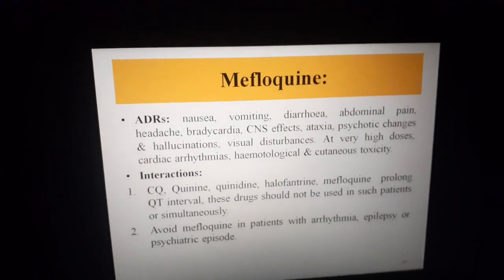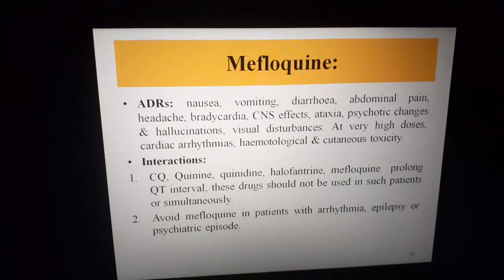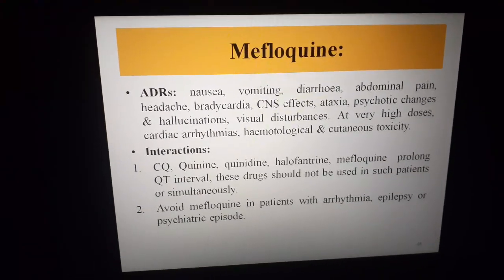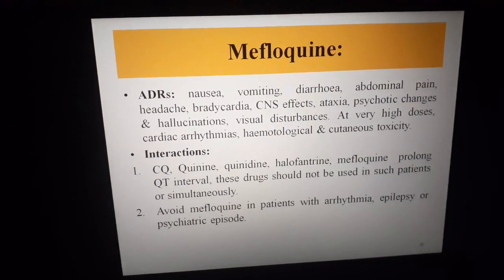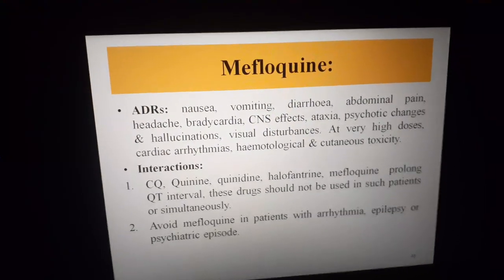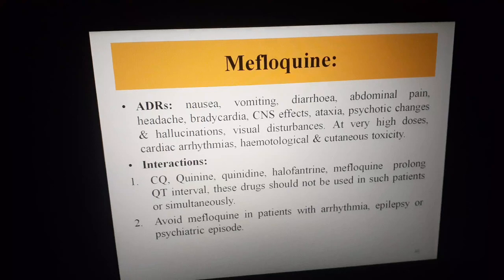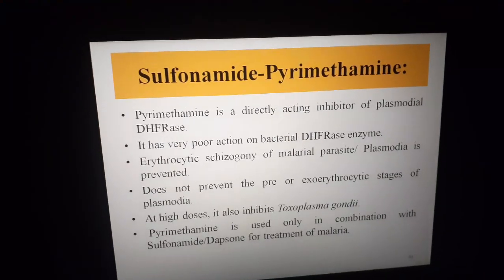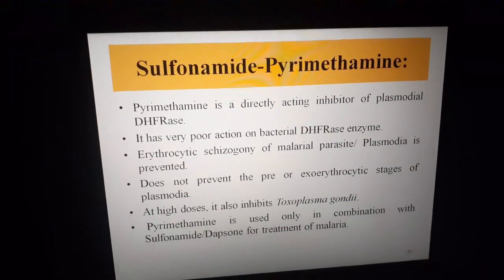One thing you have to remember is that mefloquine can cause psychotic changes and seizures. So in persons having CNS adverse effects such as neuropsychiatric patients or patients of epilepsy, the drug should be preferably avoided.